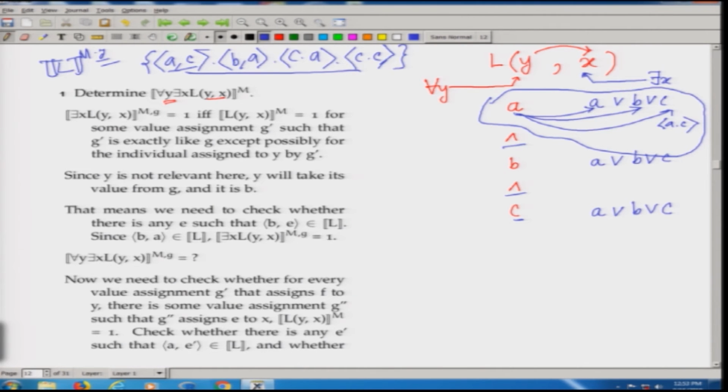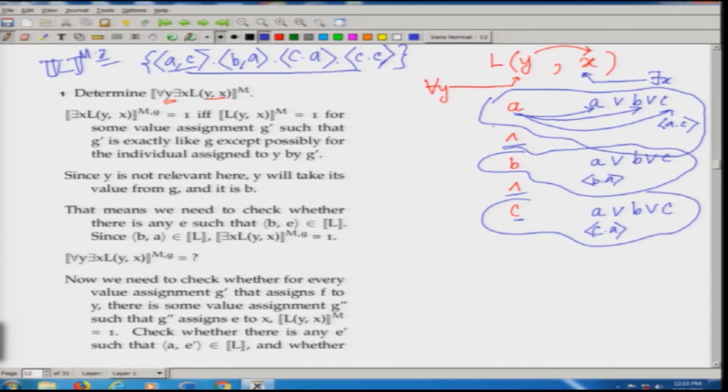Then B, we have BA, so once again the entire part is satisfied. And then we have CA, also we have CC, but anyway one will do, so the entire thing is satisfied. So the AND is satisfied because all three are satisfied.